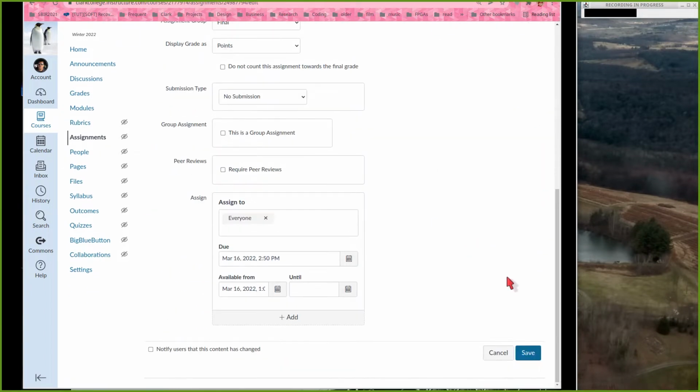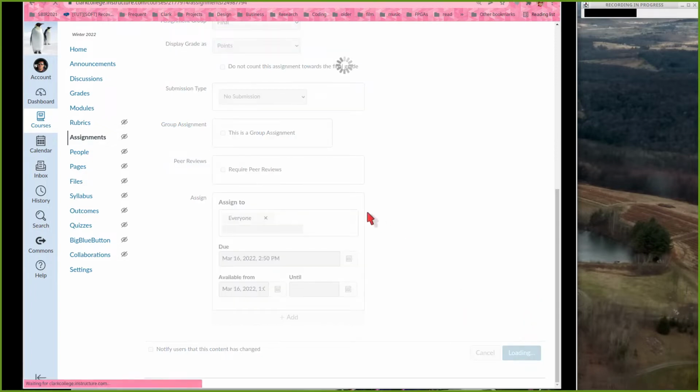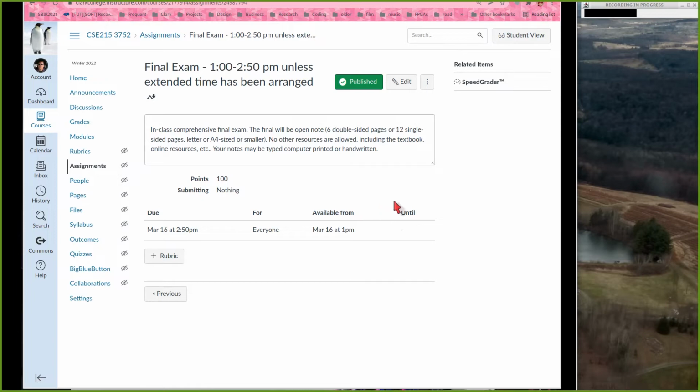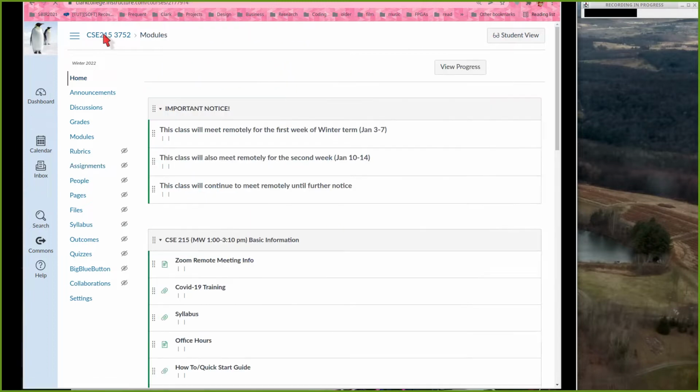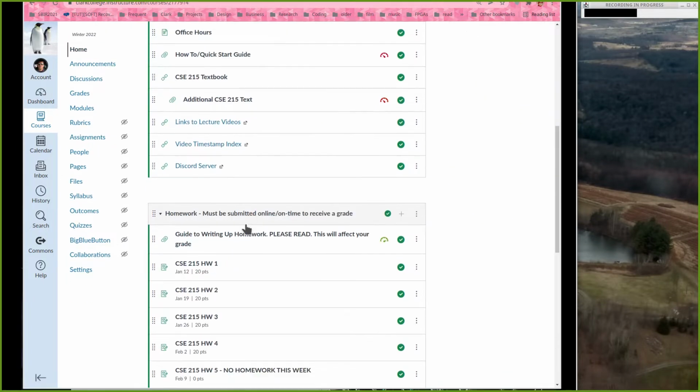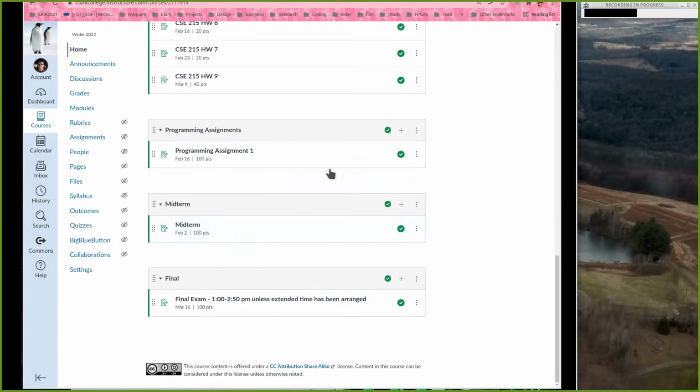You got 6 double-sided pages or 12 single-sided pages, so lots of space for notes. That's all you're allowed to use, no other resources. Again, I recommend you hop into Canvas during the exam so that if there's errors or clarifications, I can announce those in Zoom. So hop into Zoom during the exam.